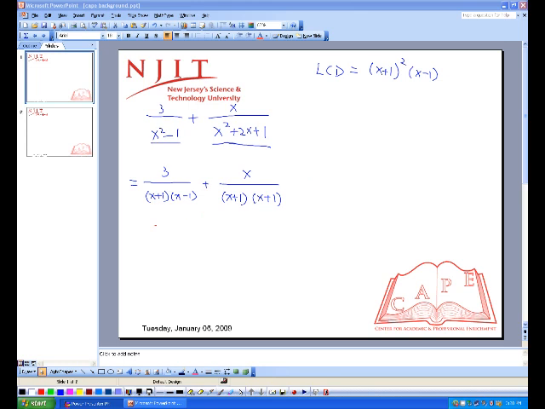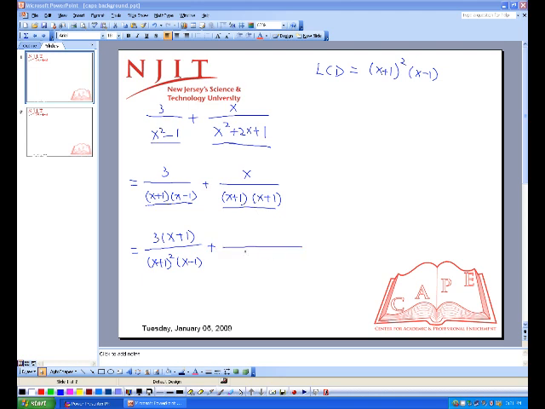Now our goal is to convert both denominators into the least common denominator. The first expression has denominator x plus 1 times x minus 1. In order to make this into the least common denominator, we have to multiply by x plus 1. So let's multiply the numerator also by x plus 1, and the bottom would simply become the least common denominator.